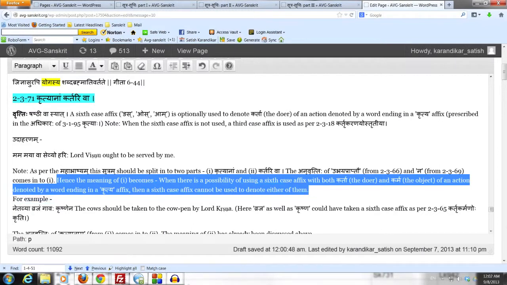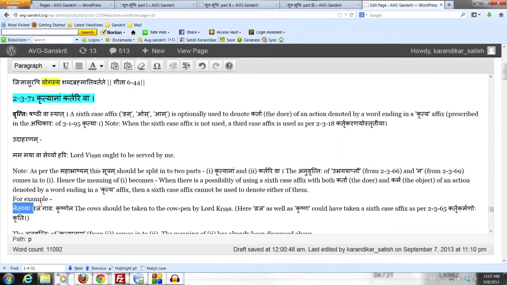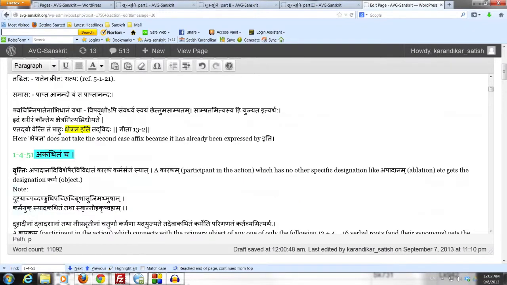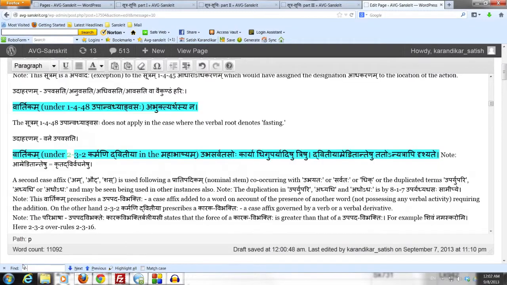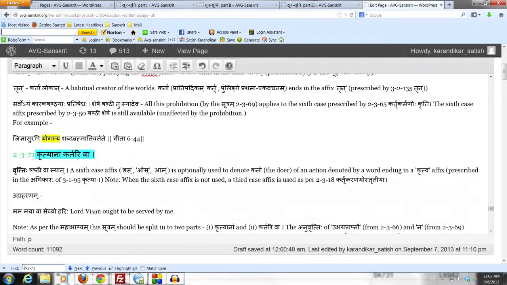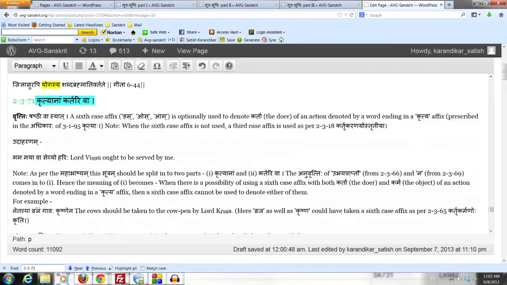For example, Netavya Vrajam Gavaha Krishnena. The verbal root here is ni, which in the dhatu patha is listed as ni prapane. It is a dvikarmaka dhatu. It can take two objects. In this example, the cows are the primary object and the cow pen, vraja, is the secondary object, gauna karma.